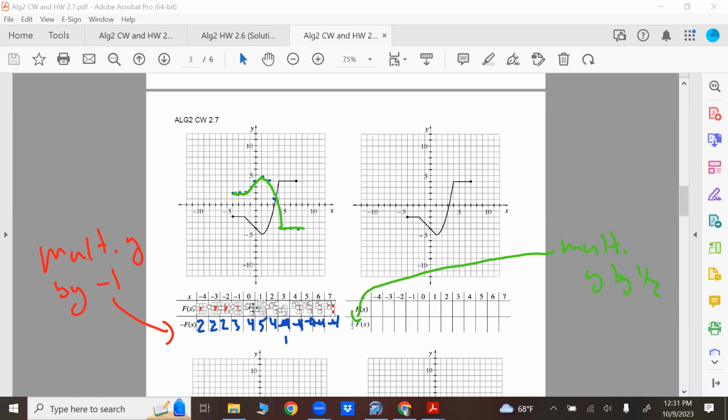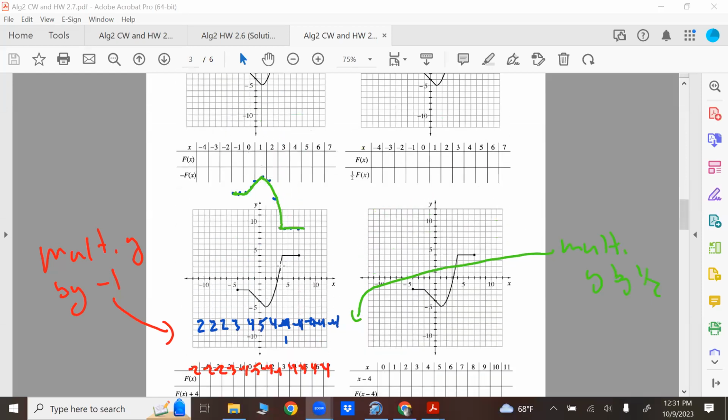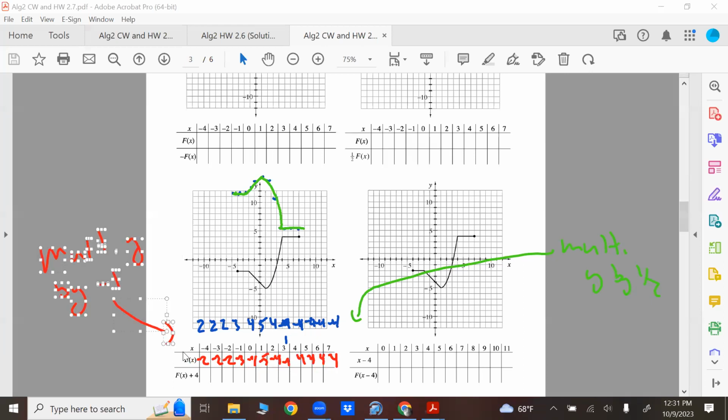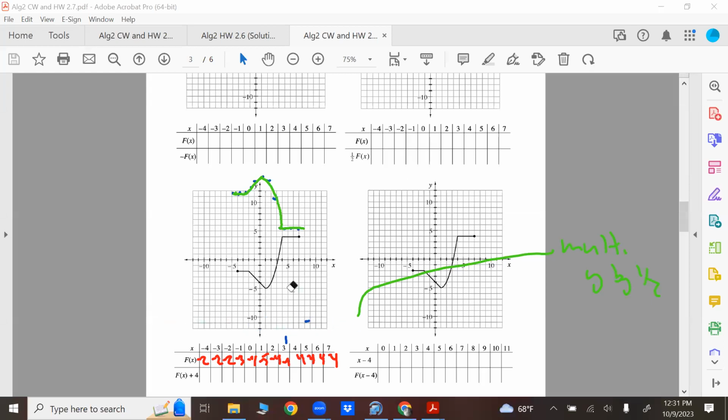I'm just going to move it down then. Let me adjust this. Okay. Let me erase the other junk. Okay, here we go.